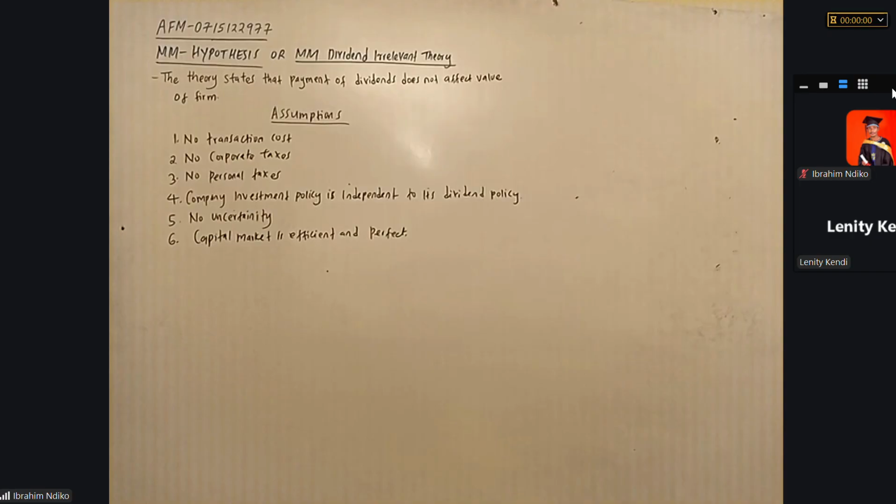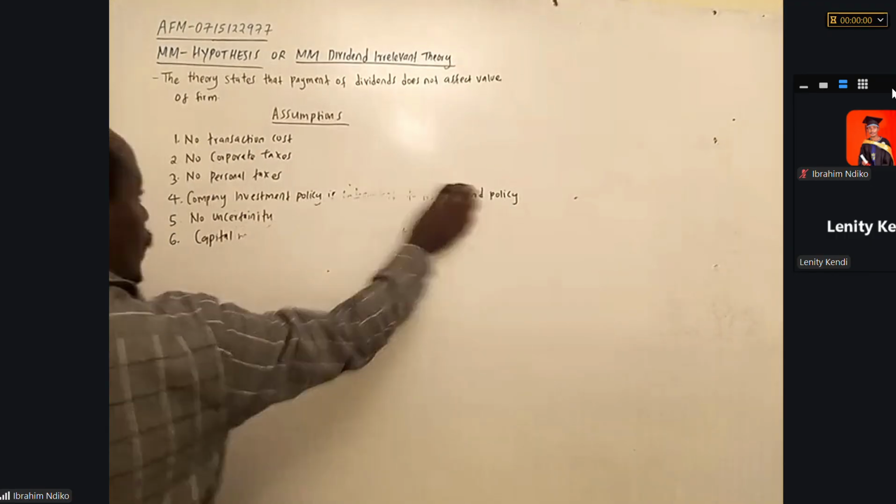And then those are the assumptions: no transaction cost, no corporate tax, no personal tax. Company investment policy does not depend on the dividend policy, and then there is no uncertainty. This means that the market is always certain, sivyo. You know what to expect. Then the market is efficient and perfect. Let us give the formulas.